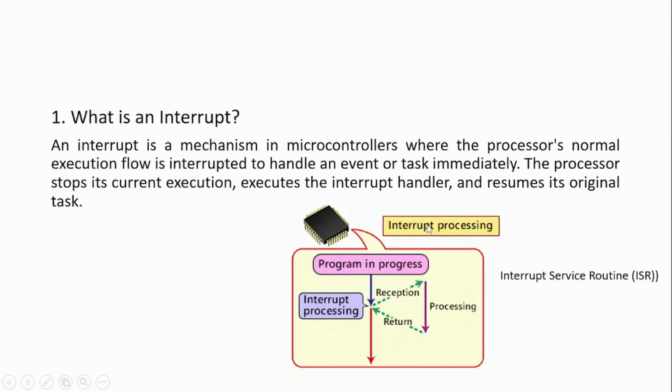It's a separate program for a specific interrupt, and upon reception of the interrupt, your processor holds the current state, starts executing the interrupt service routine, and after completion of this service routine, it returns back to your original program and starts executing from the exact state where it was stopped or held, right?